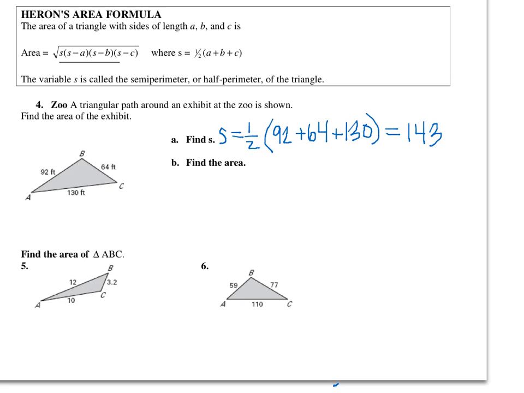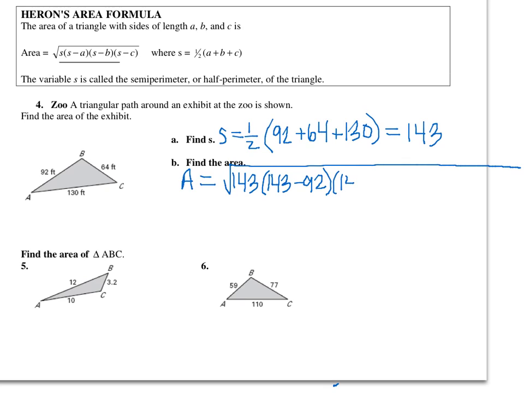Now we want to find the area. So area equals the square root, make a large square root there, of S, which is 143. And now we do just the difference between 143 and each of the sides. So 143 minus 92 times 143 minus 64 times 143 minus 130. Okay, and notice where I put parentheses.